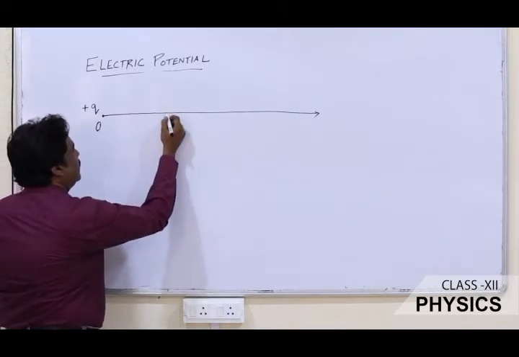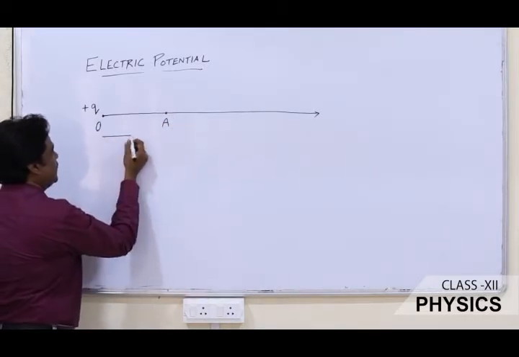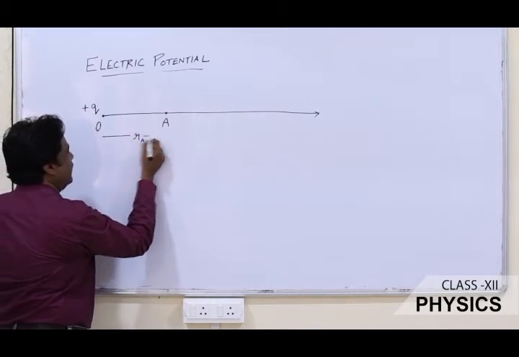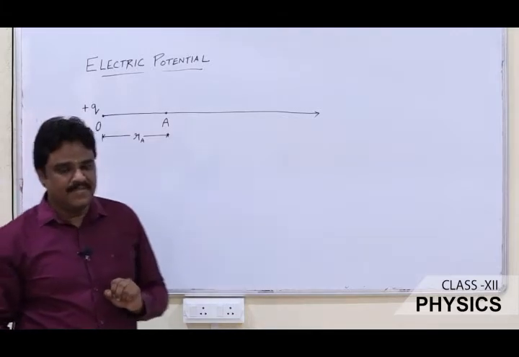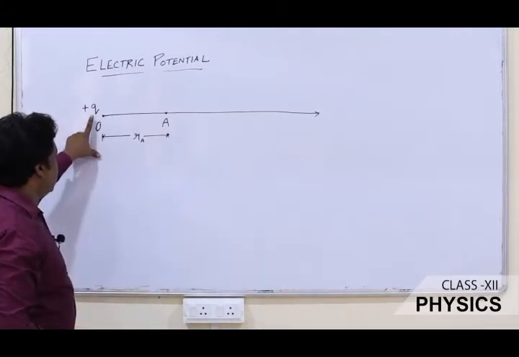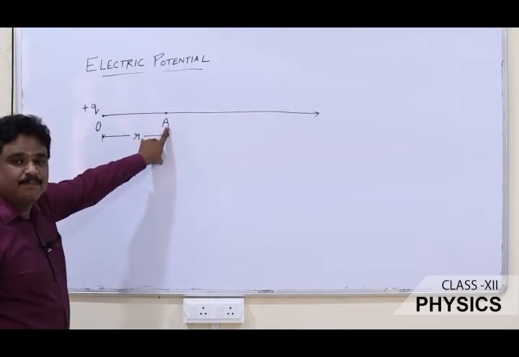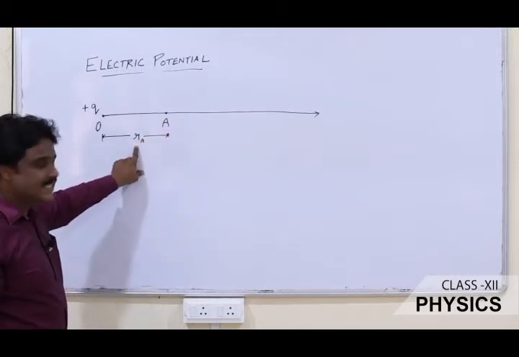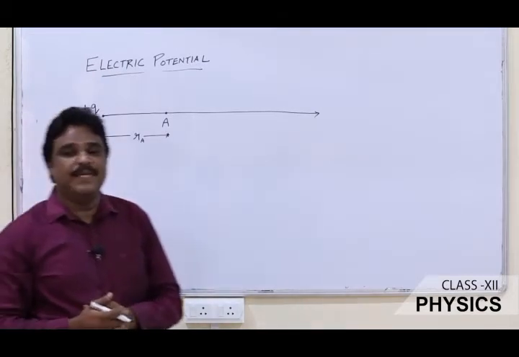Now I'm going to consider a point A which is at a distance RA from the origin, where the electric potential is to be determined.